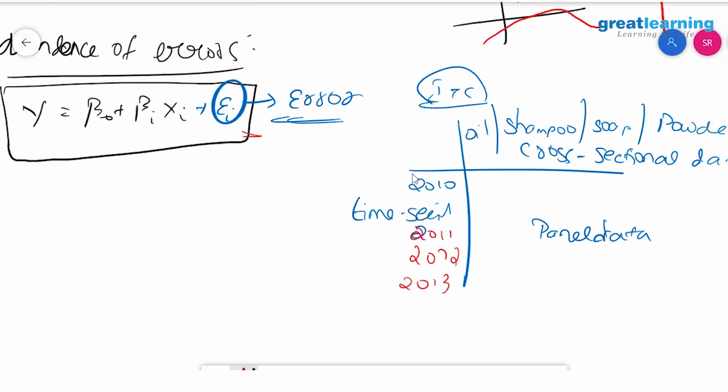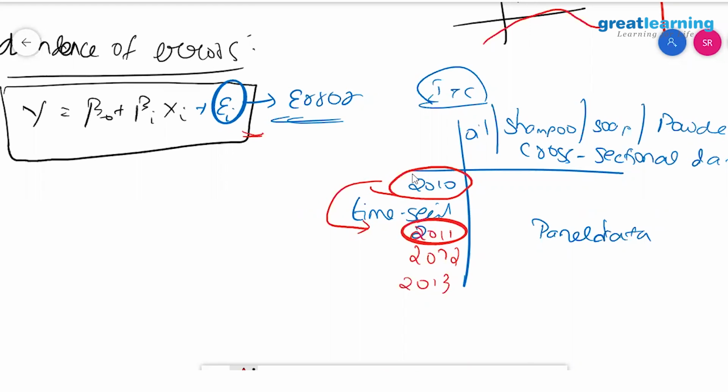Don't consider the error term right now. The sales in year 2010 and sales in year 2011, will they be more or less the same? Will it be linear? Or, from the sales in 2010, can we forecast the sales in 2011? Yes. So it is dependent between the years.